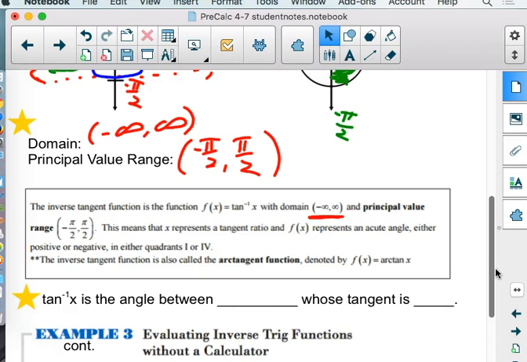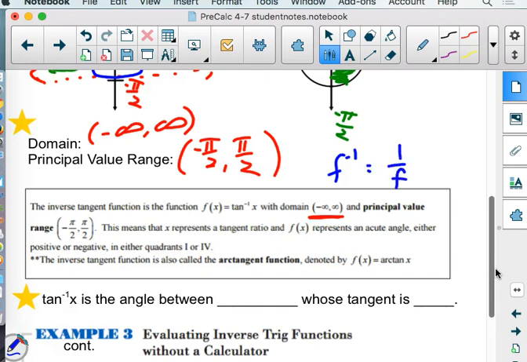The inverse tangent function is also called the arctangent. And as I said yesterday, if anybody was gone, the whole problem is when my average to lower level algebra students see that, they want to say, ooh, that's 1 over f. And this was actually the first way that the inverse trig function was written. So that sometimes messes people up.